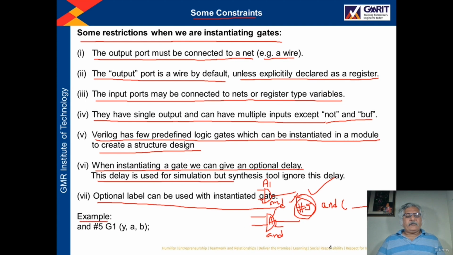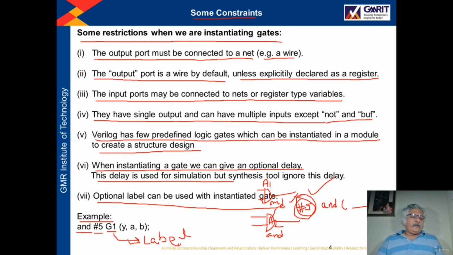See here the example I have given: #5. So this #5 is the delay, right? Then G1 is the label. So I have given a name to this. This is an AND gate, and I have given one label to it, G1. So this is the label, and this label is optional.